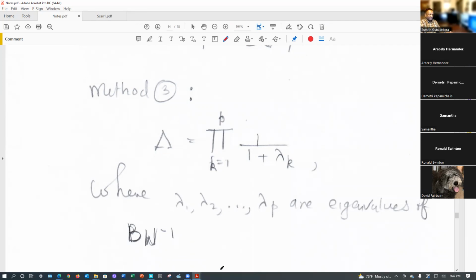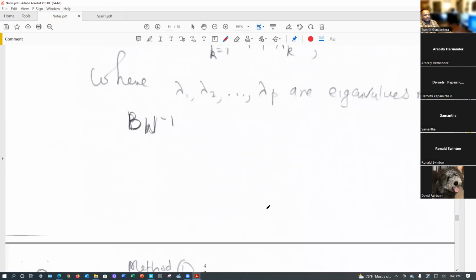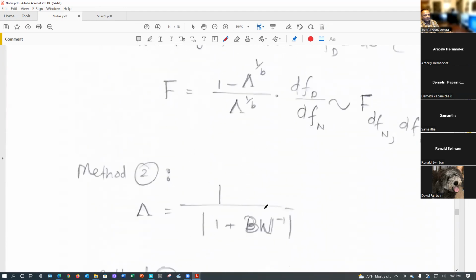You don't find them by hand, but run SAS and get them. Then take 1 plus the eigenvalue, for k equals 1 to p, p many. Multiply like this, and that's another way to get the lambda. I'm still on Wilks lambda.